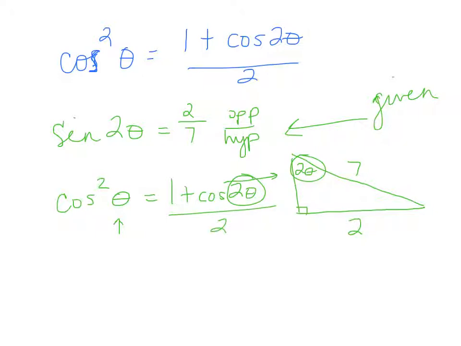But I still need the adjacent side now. So now I can use the adjacent side so that I can finish this problem. So you've got backwards Pythagorean theorem again. A squared plus 2 squared equals 7 squared.